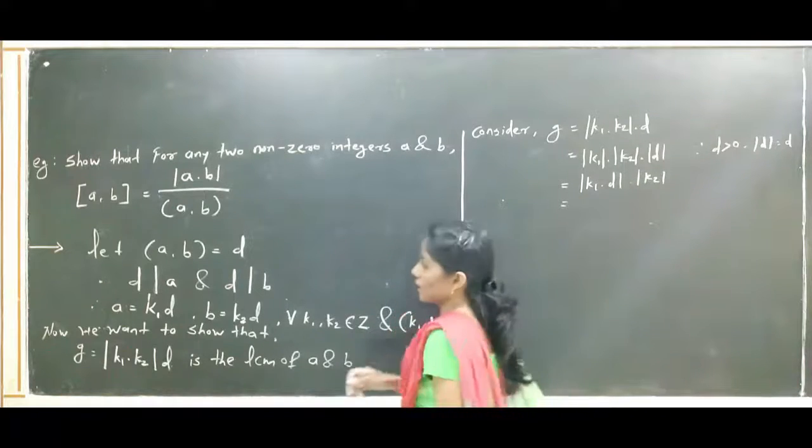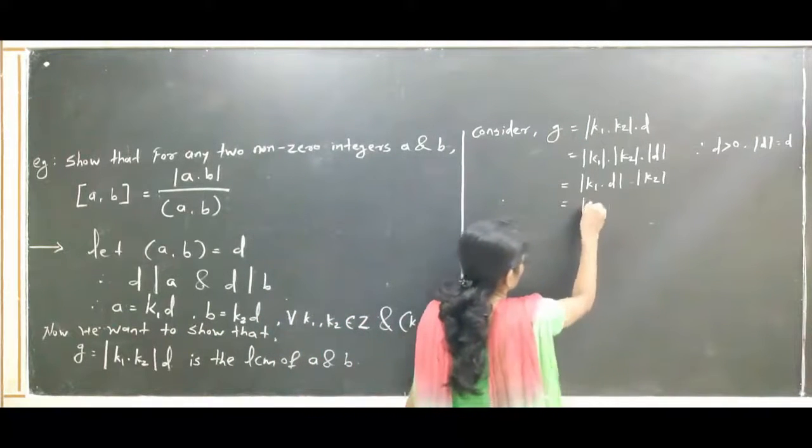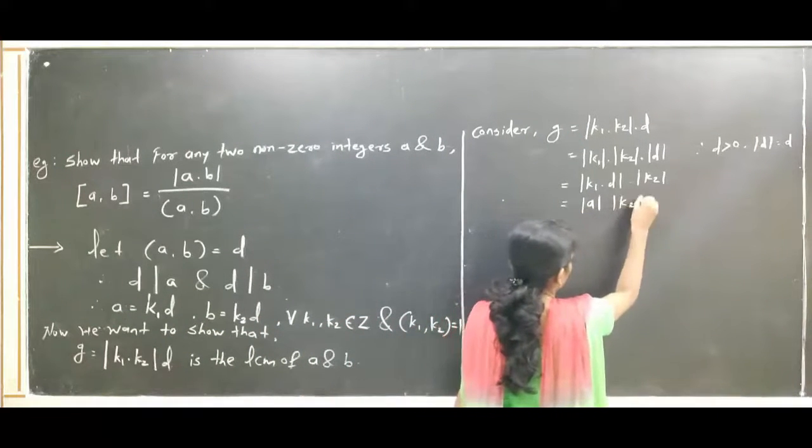So see here, A is nothing but K1 into D. So substitute A here: mod A into mod K2.